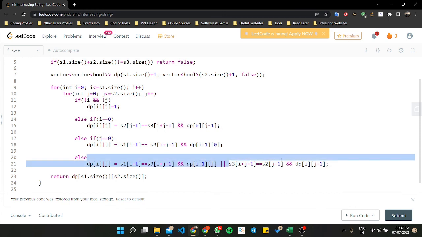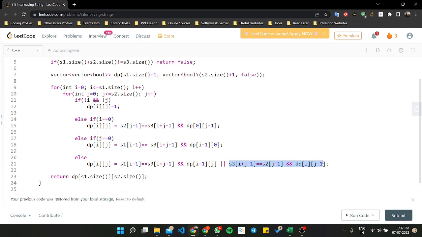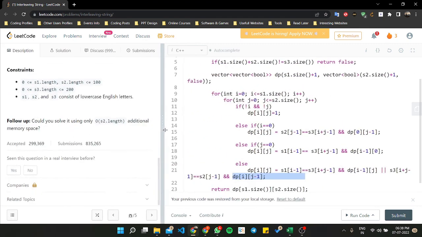And if it comes from S2, I check whether its subproblems are also solved or not. If any one condition passes, we can say this substring also passed. After checking all conditions, we return the final DP value. So this is the final answer to our question.